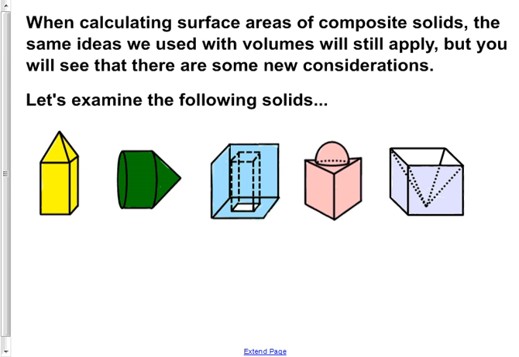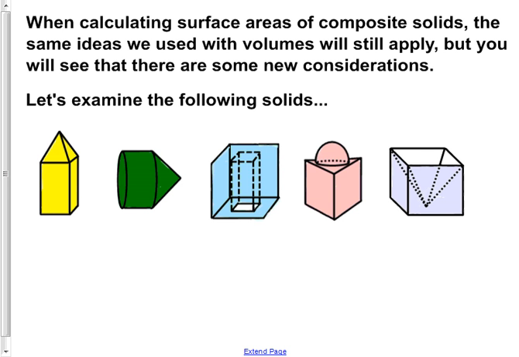Okay, so when calculating surface area of composite solids, we're going to employ some of the same ideas that we used with volumes. But as you're going to see, there are some new considerations that we're going to have to accept that they exist. And now we're going to use the same 5 composite solids that we did from the other day.